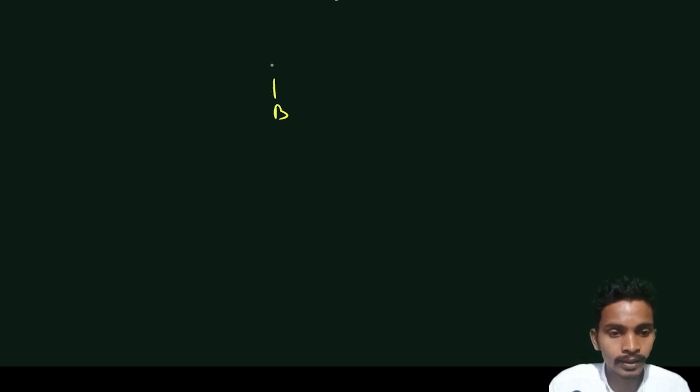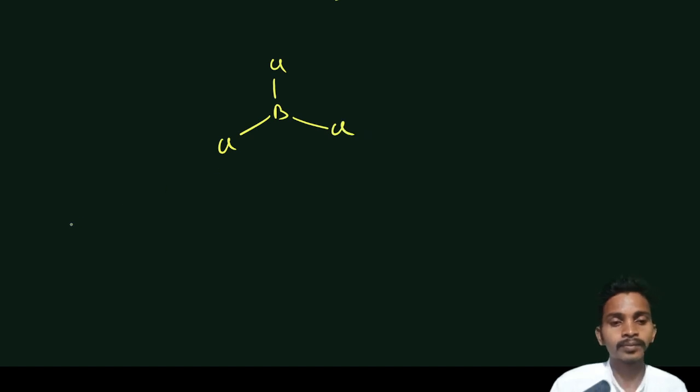Here is B, and here are Cl, Cl, and Cl. Since these are all the same, the center of gravity lies somehow in the central atom itself.